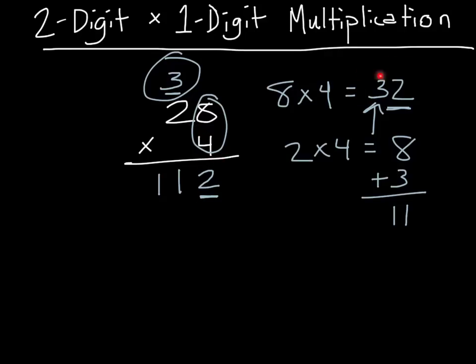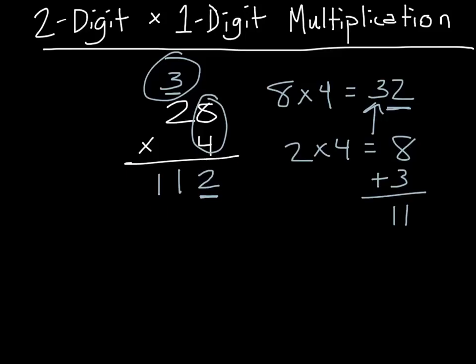The tens place digit will get carried, and then we need to multiply the digit in the tens place in the top number, again times the digit in the ones place in the bottom number, and then we add that carry number on top of it. So 2 times 4 was 8 plus 3 was 11, and that gave us a product of 112.